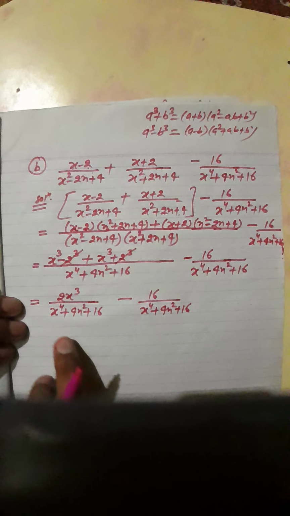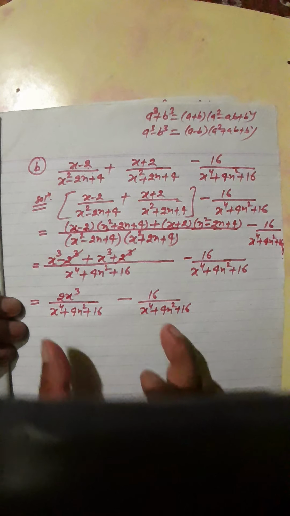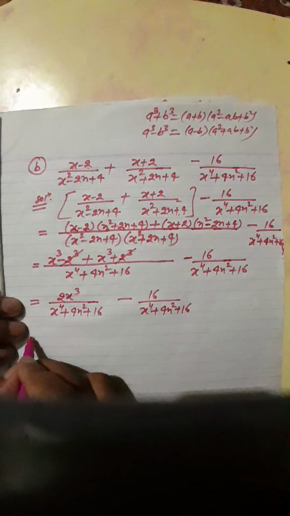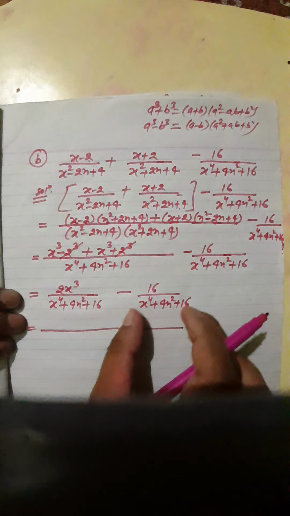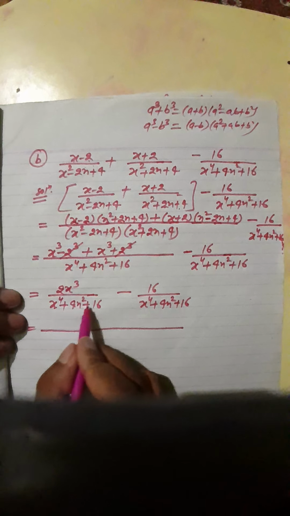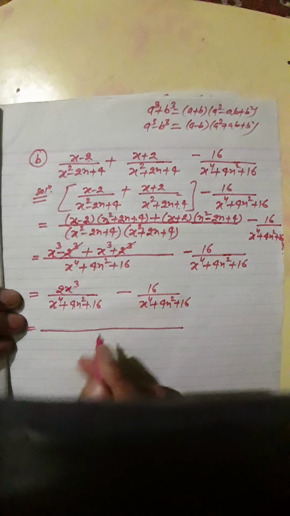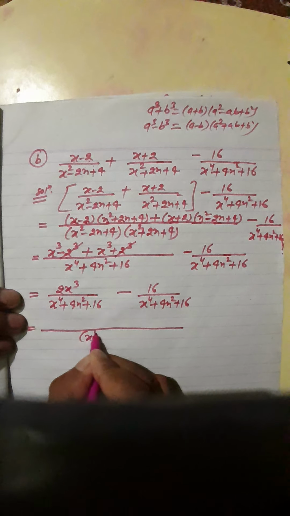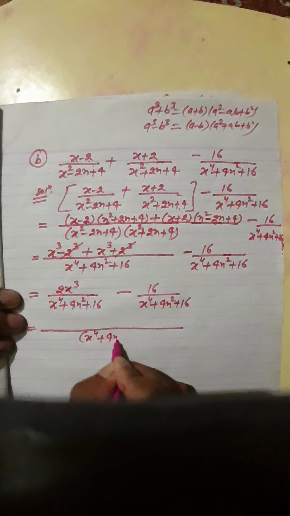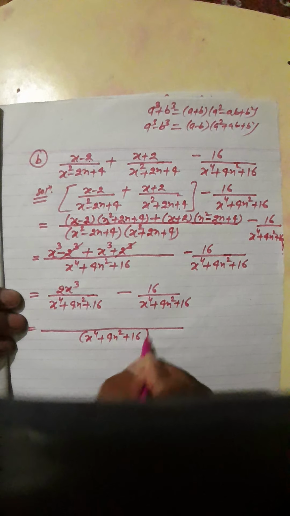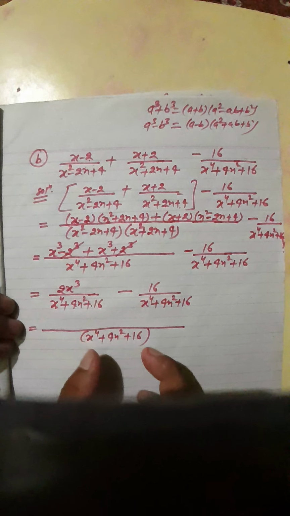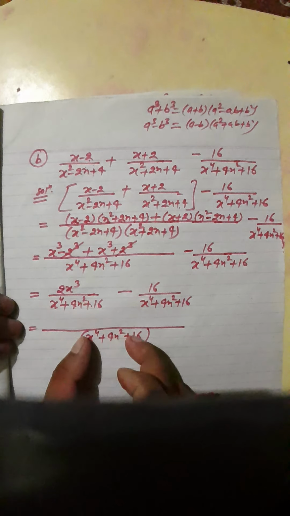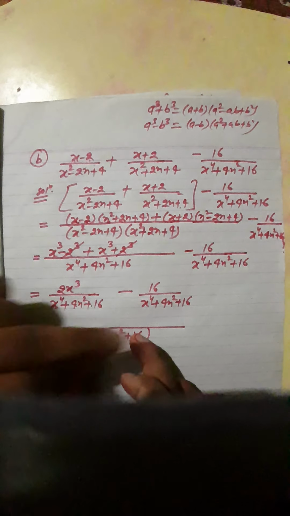And here you know both denominators are the same. Again we have to simplify these two, so we have to take the LCM. It is easier to take the LCM because the denominators are the same, x to the power 4 plus 4x square plus 16 is common, so we only write it once. And you know this denominator divides the LCM, so both are equal, this cancels with this, and here nothing remains.